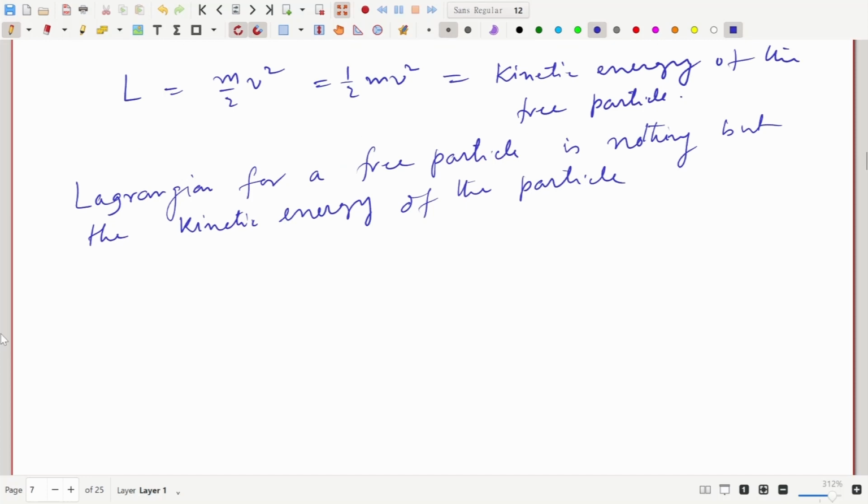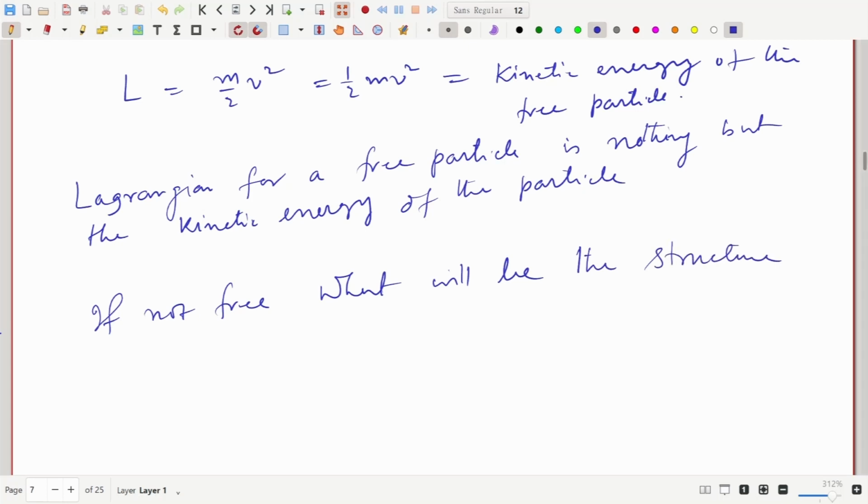If the particle is not free, what will be the structure of the Lagrangian?